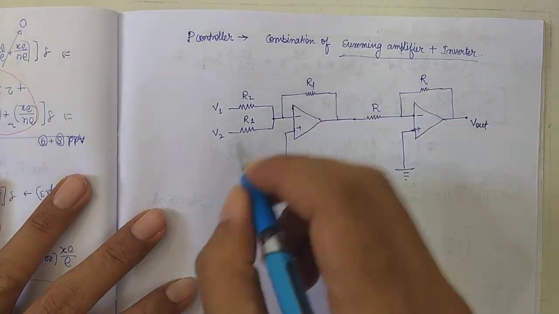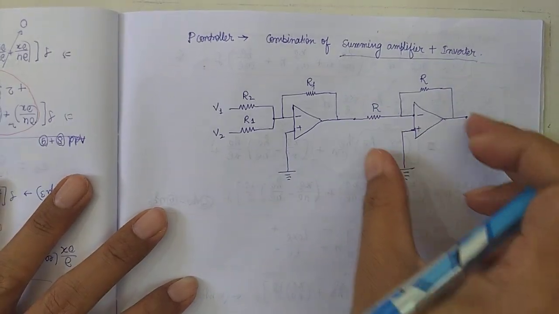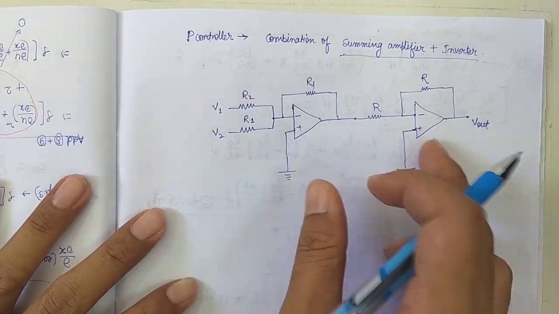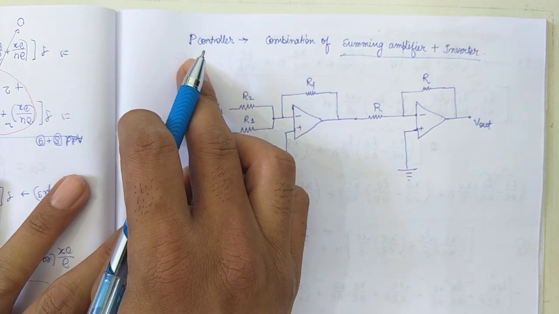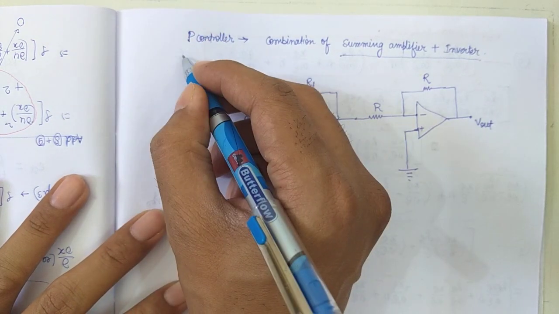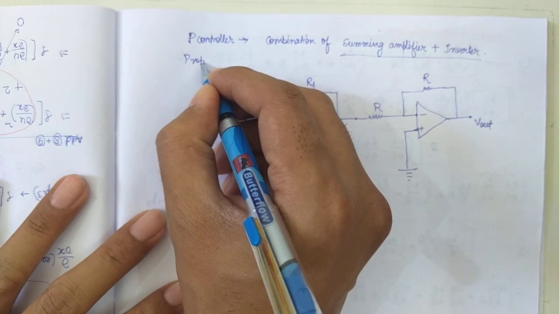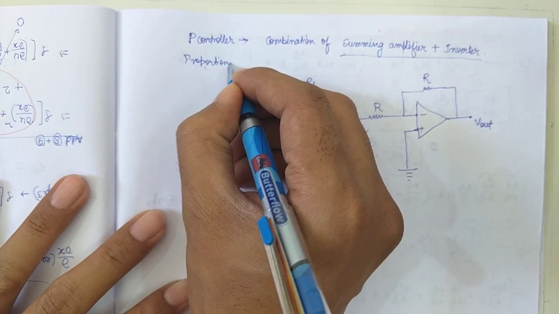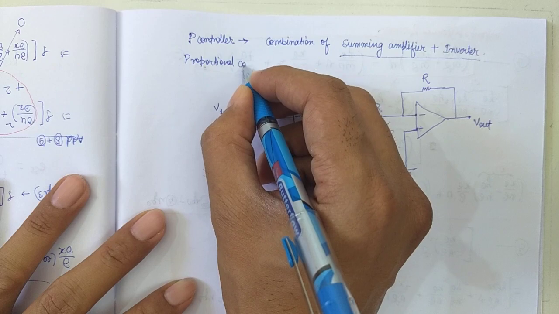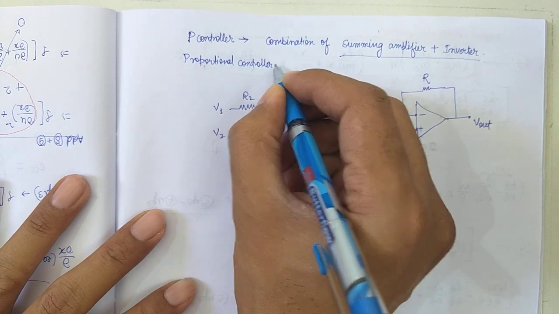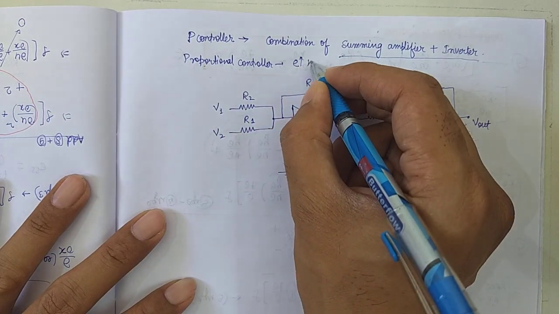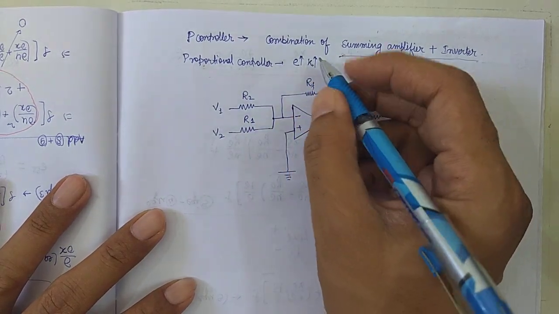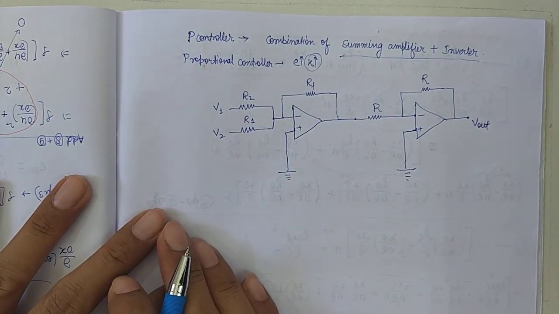So this particular thing is an inverter and this is an amplifier. The combination of these two will give me essentially a P controller. So P is the proportional controller. Higher the error, higher the K would be needed to control it.